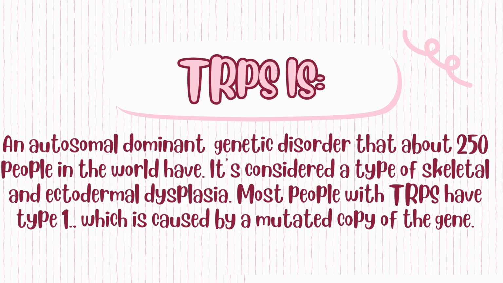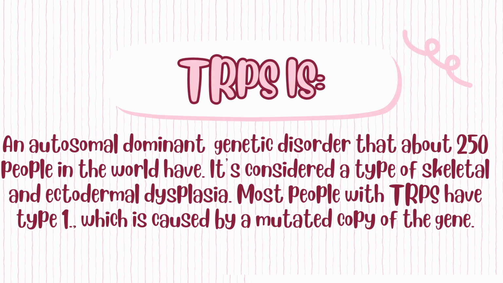Okay, so what is TRPS? TRPS is an autosomal dominant genetic disorder that about 250 people in the world have. It is considered a type of skeletal and ectodermal dysplasia. Most people with TRPS have type 1 out of technically 2 types.